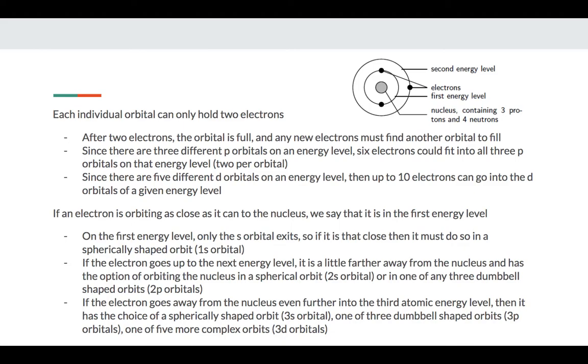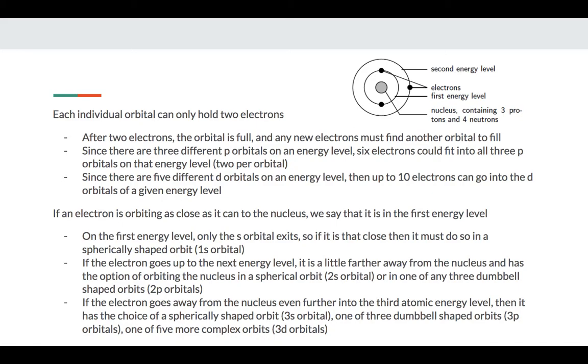If an electron is orbiting as close as it can to the nucleus, we say that it is in the 1st energy level. And on the 1st energy level, only the s orbital exists, right? There's no 1p or 1d. Only a 1s exists.